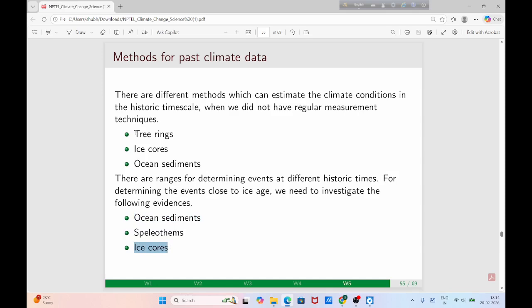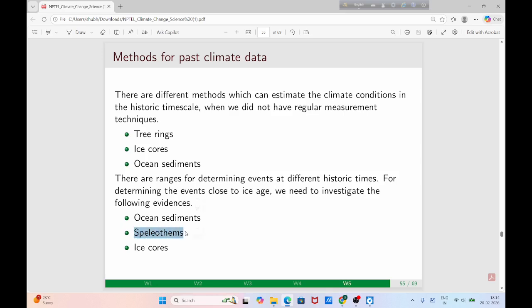From tree rings, we can get data in the order of, let's say, 5,000 years. But for ocean sediments, the range is much larger. I think from million years ago, we can get the information from there.